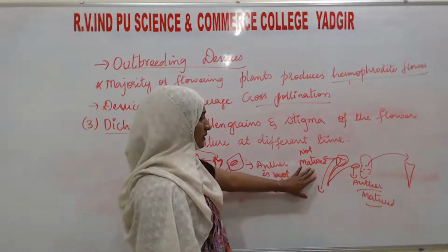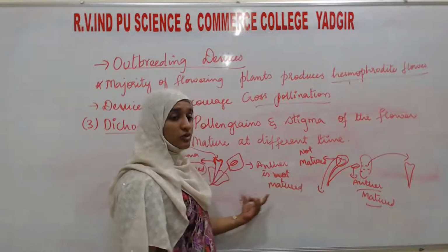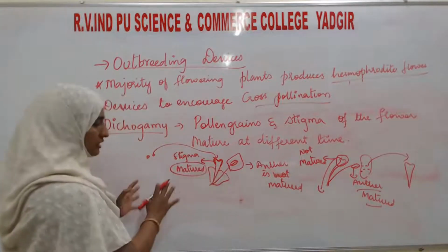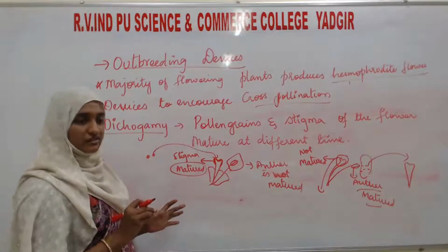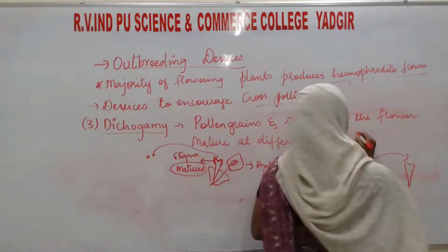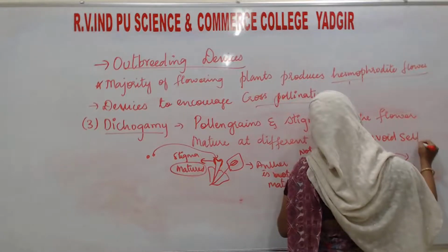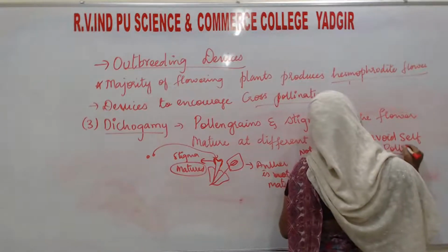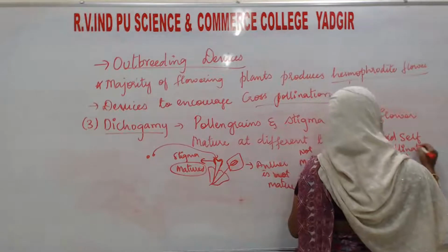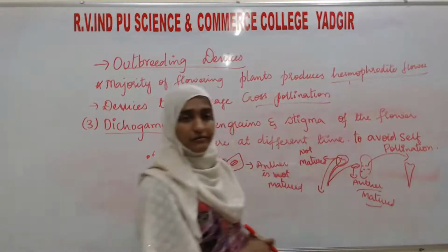Okay, so these are the two conditions, and all these things are taking place to avoid self-pollination. In this case, cross-pollination is going to take place.